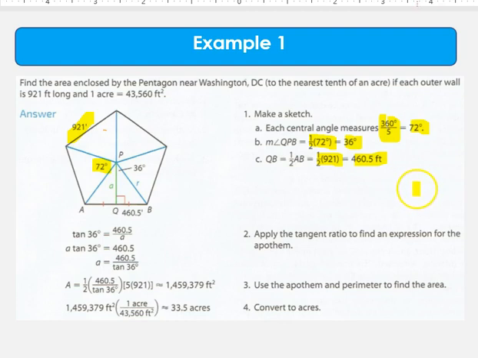Now we're going to apply the tan ratio to solve for the apothem. So this will be tan 36 degrees. So we're talking about this angle right here, 36 degrees. So tan 36 will equal 460.5, which is opposite, divided by a, which is adjacent. So there's your tan formula.